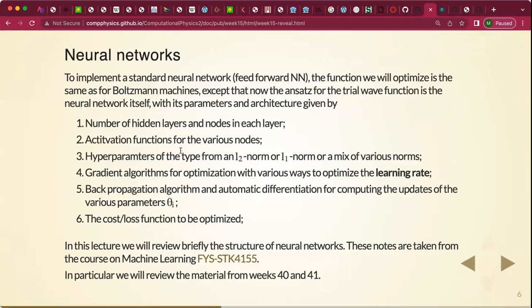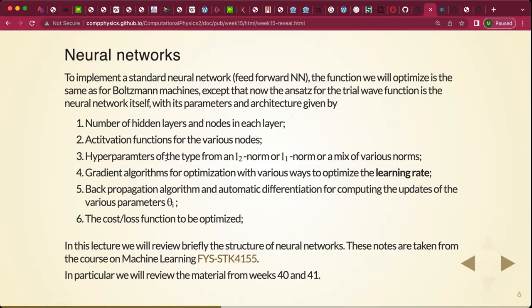So if you want to venture into this branch of deep learning applied to quantum mechanical systems, I would recommend doing so only if you have studied machine learning and you are somewhat familiar with neural networks. Neural networks are more difficult to implement in the sense that you need to set up a given number of hidden layers and nodes. You need to set up a given architecture. You need activation functions for the different nodes.